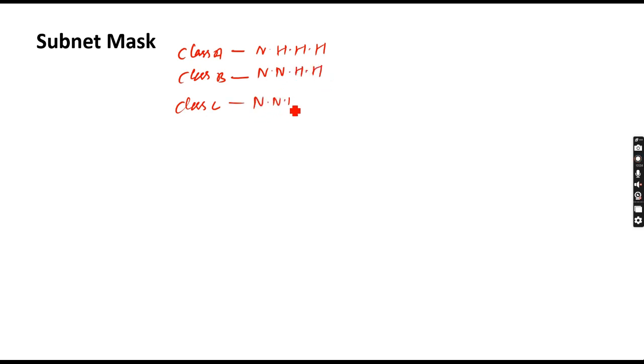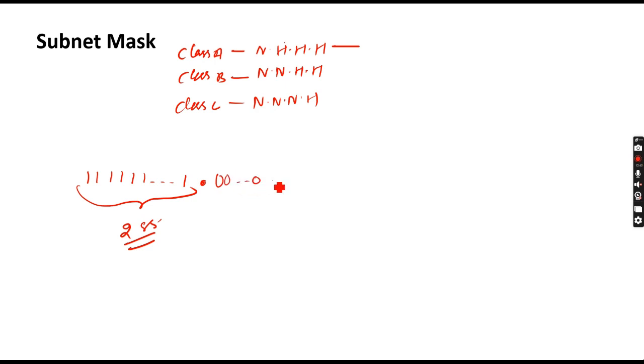For the network portion, if you put all ones, let's say 8 ones, and when you calculate the value, you will get 255, and then dot, go for this and put 8 zeros, then dot, again 8 zeros, then dot, again 8 zeros. So this 00000000 is equal to 0.